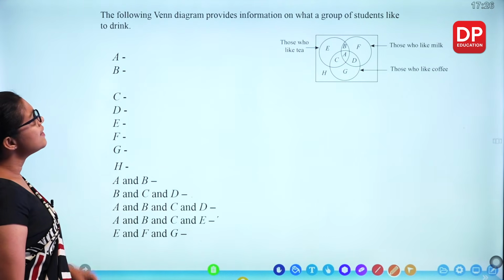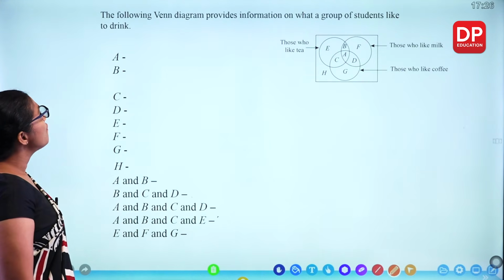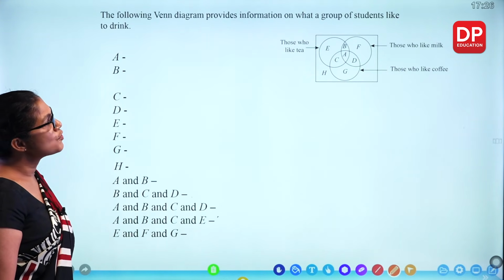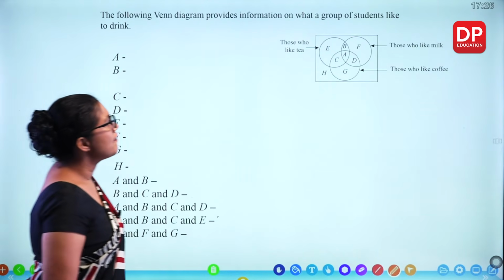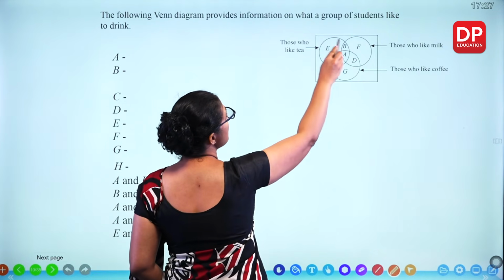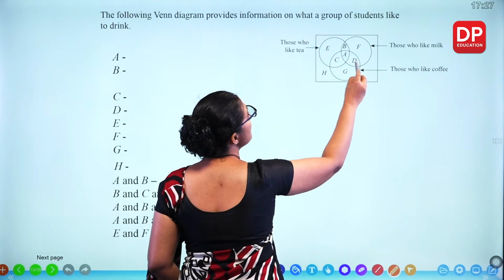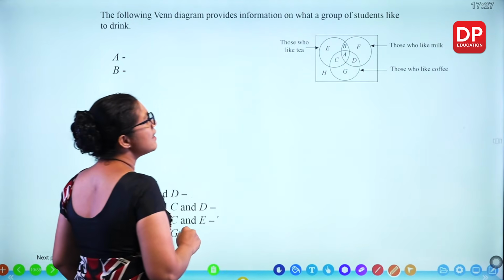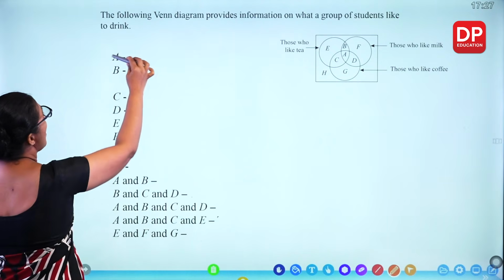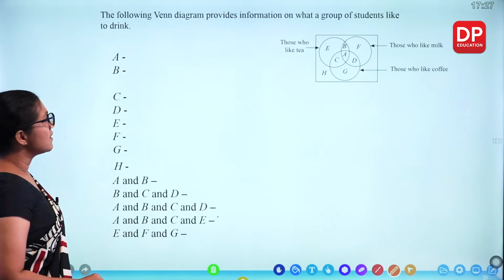Now look at this example. The following Venn diagram provides information on what a group of students like. You are given three circles labeled A to H. This circle means those who like tea, this one those who like milk, and this one those who like coffee. You are asked to identify these regions.